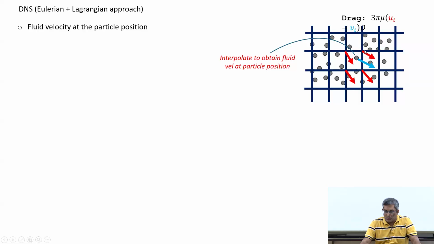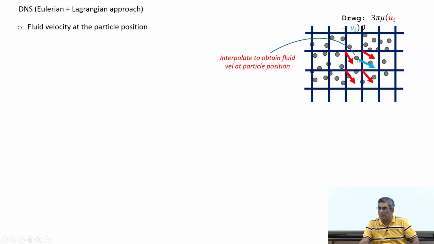So, in this case, you can interpolate the fluid velocity suitably to find the position. Imagine you introduce some kind of interpolation function where you give these 4 vectors as input.